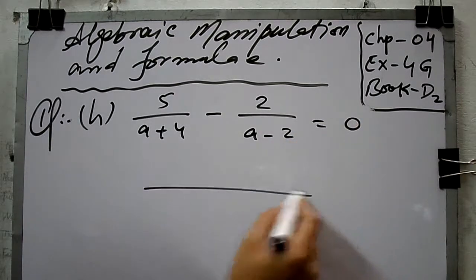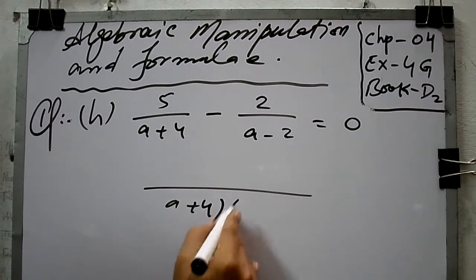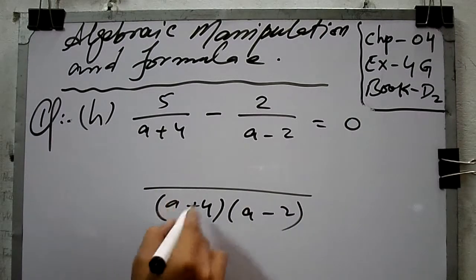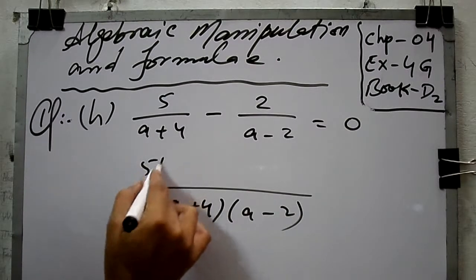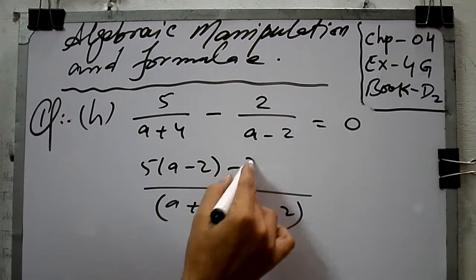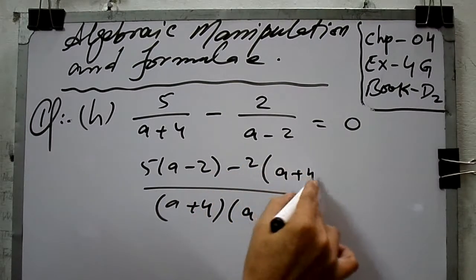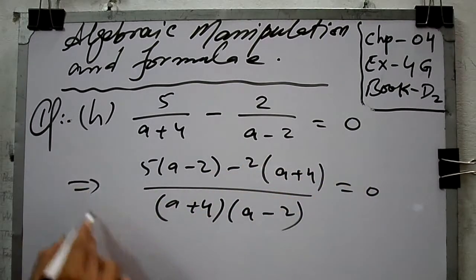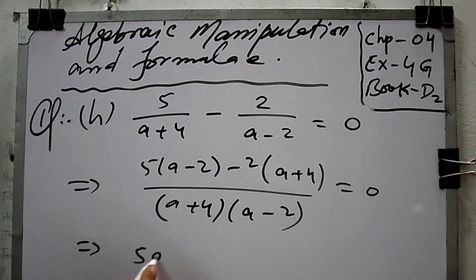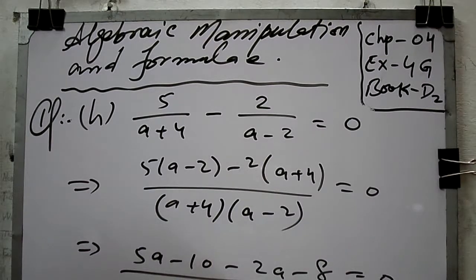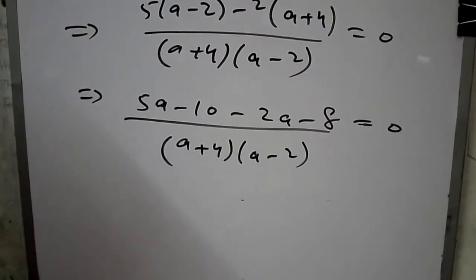So taking LCM, a plus 4, a minus 2, so you will get 5 into a minus 2, 2 into a plus 4 is equal to 0. 5a and so on is equal to 0. So a plus 4 into a minus 2. By using cross multiplication, this will also become 0.